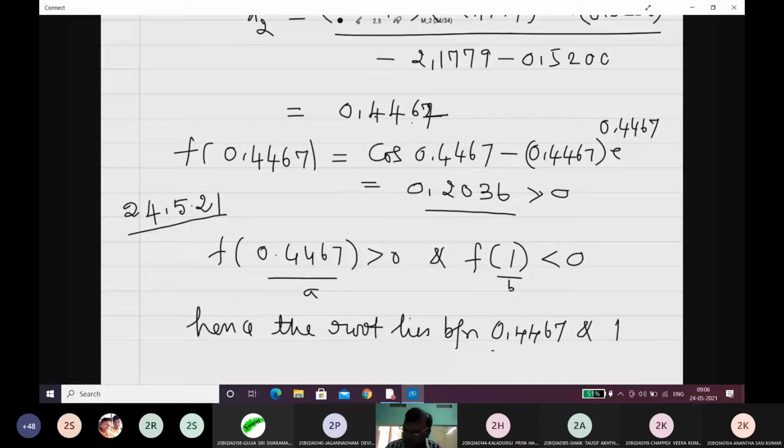Now the third approximation is, shall I move the slide?